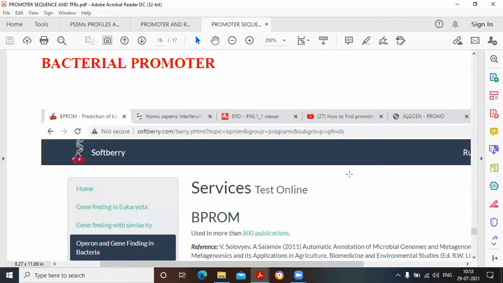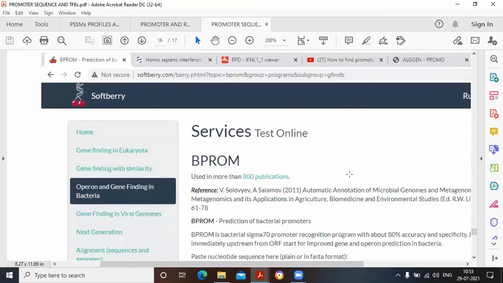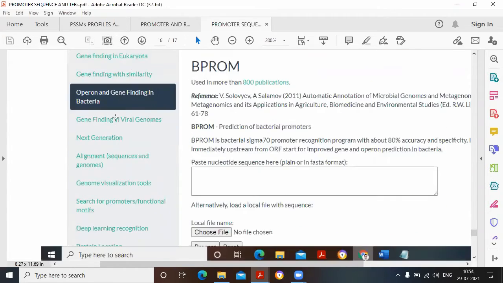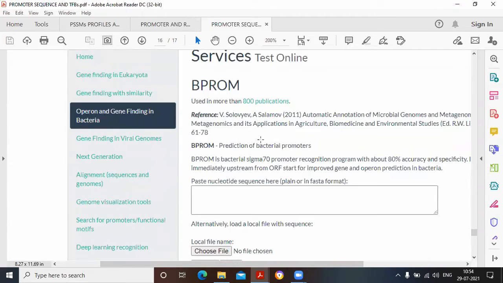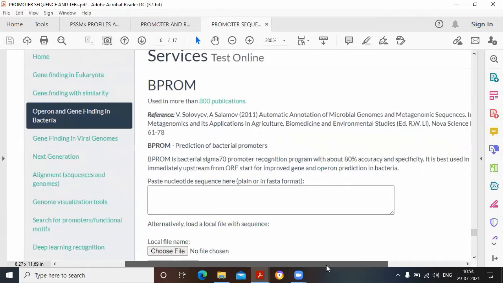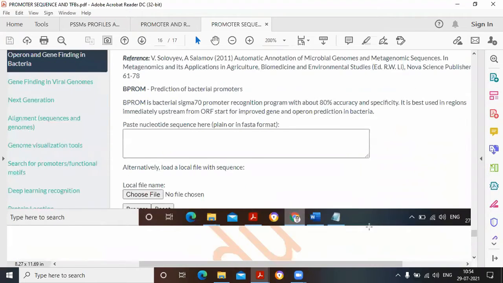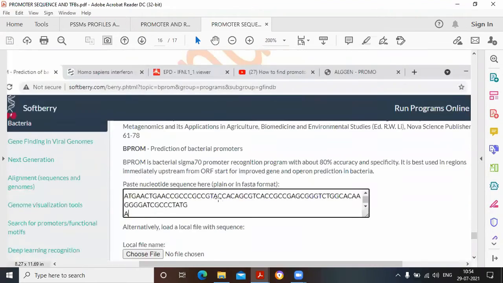The last part is the bacterial promoter, and for the bacterial promoter the software is on the same site. If you go to the top, you can find the option for gene finding in bacteria. Click on that and you get the BPROM server, and you paste your sequence, of course the DNA sequence, in FASTA format and click on run.